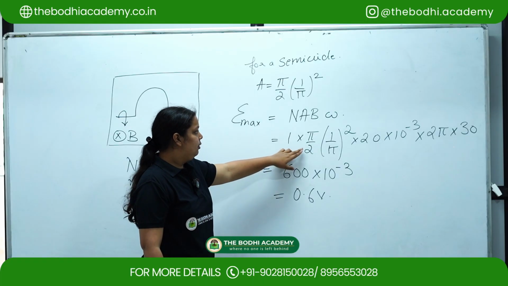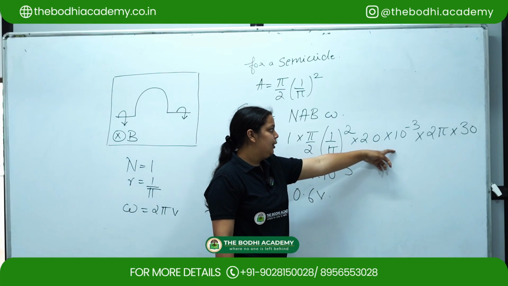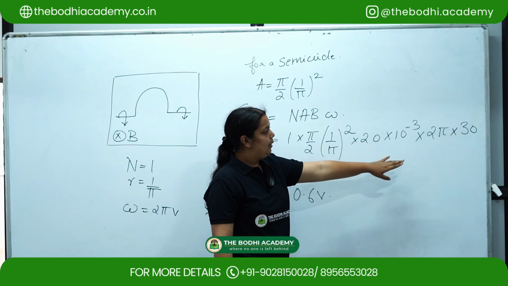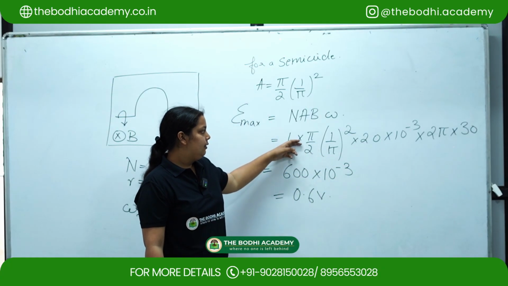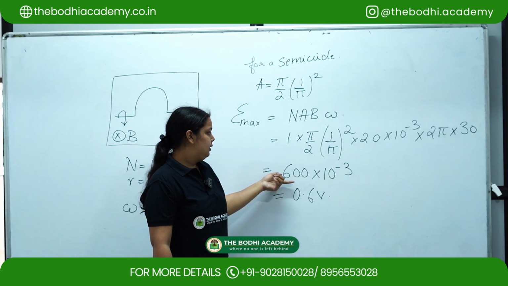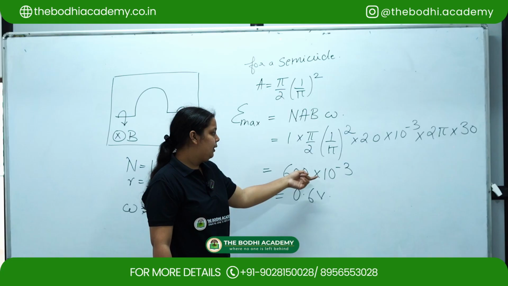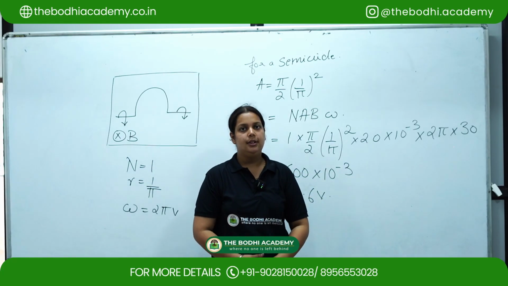So 1 into pi by 2, 1 upon pi the whole squared, multiplied by 20 into 10 raised to minus 3, multiplied by 2 pi, multiplied by 30. So this pi will get cancelled with the other ones, and we'll get the value as 600 into 10 raised to minus 3. So we'll get the value as 0.6 volts.